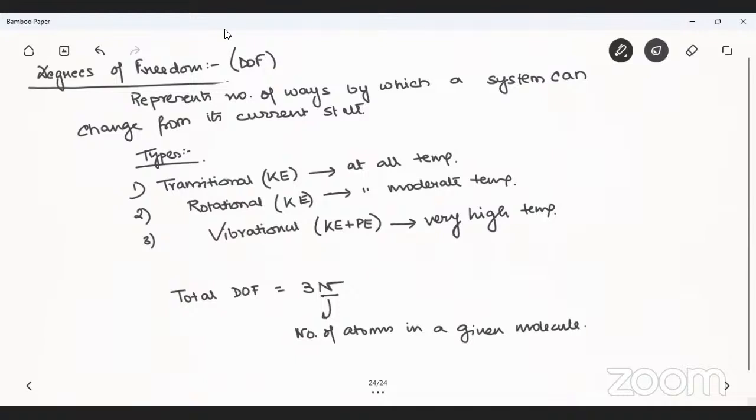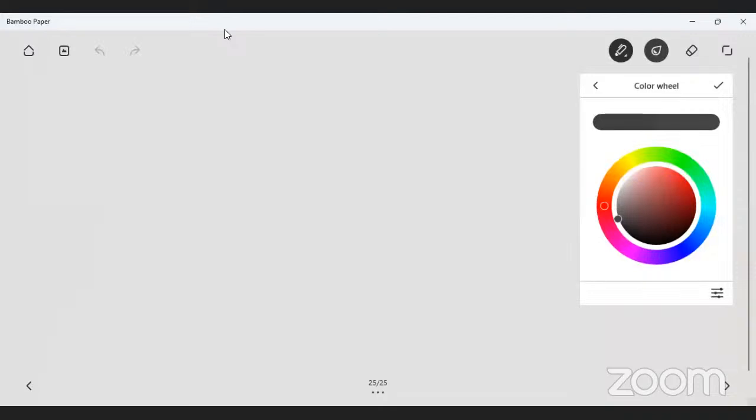Okay. So now this is the bookish definition or the theory for the degrees of freedom. But now we will be learning how this will come for your exam.